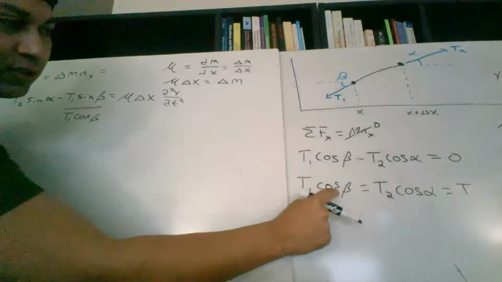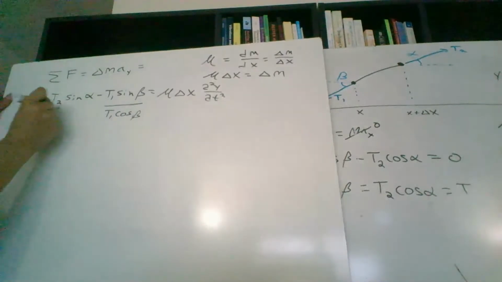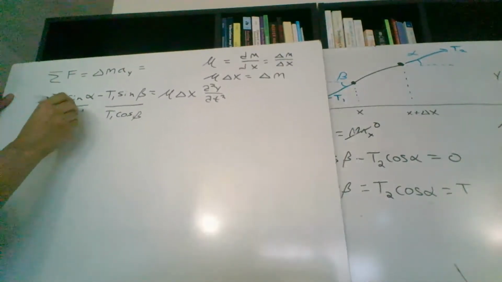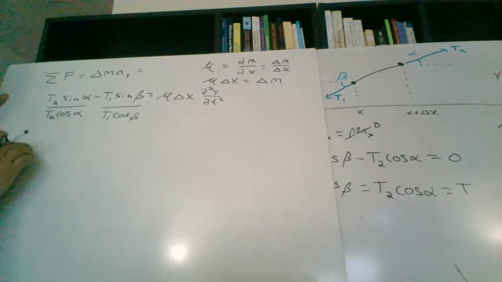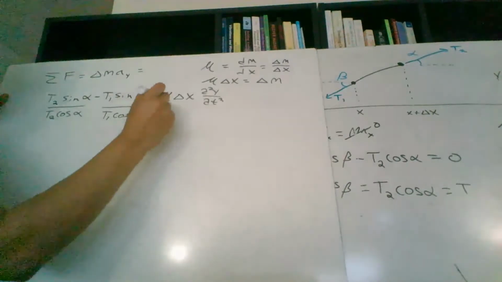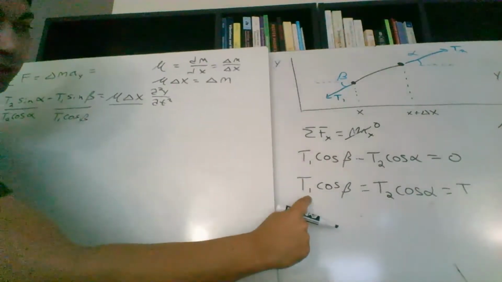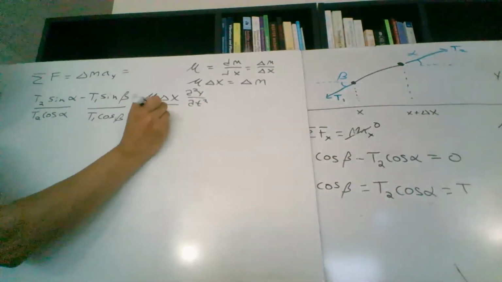But T1 cosine beta is equal to T2 cosine alpha. So I could write this as T2 cosine alpha. And then if I divide this side by the T1 cosine beta, I have to divide this side by T1 cosine beta. So T1 cosine beta is also just equal to T. So I'm going to divide this side of the equation by T.